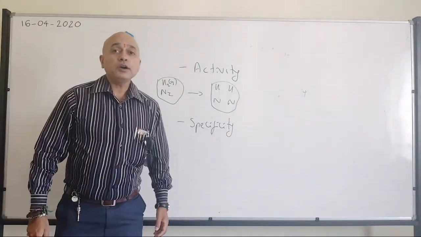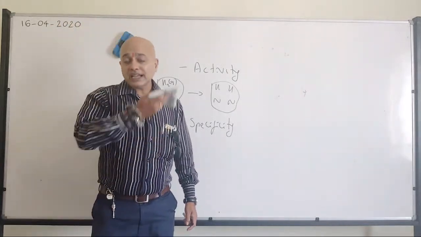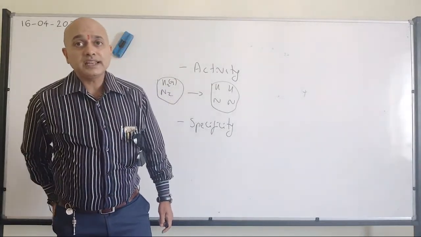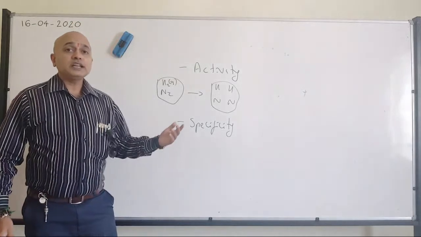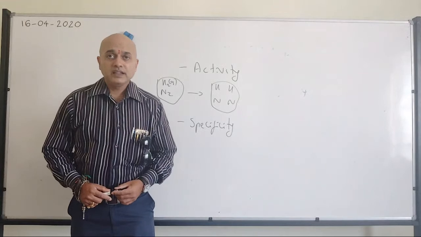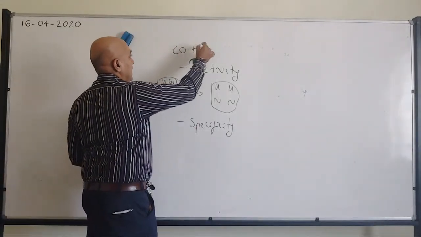When I talk about Haber's process, naturally iron oxide will be the good heterogeneous catalyst for the reaction where nitrogen and hydrogen react with each other to form the product. Now for example, I have carbon monoxide and hydrogen.